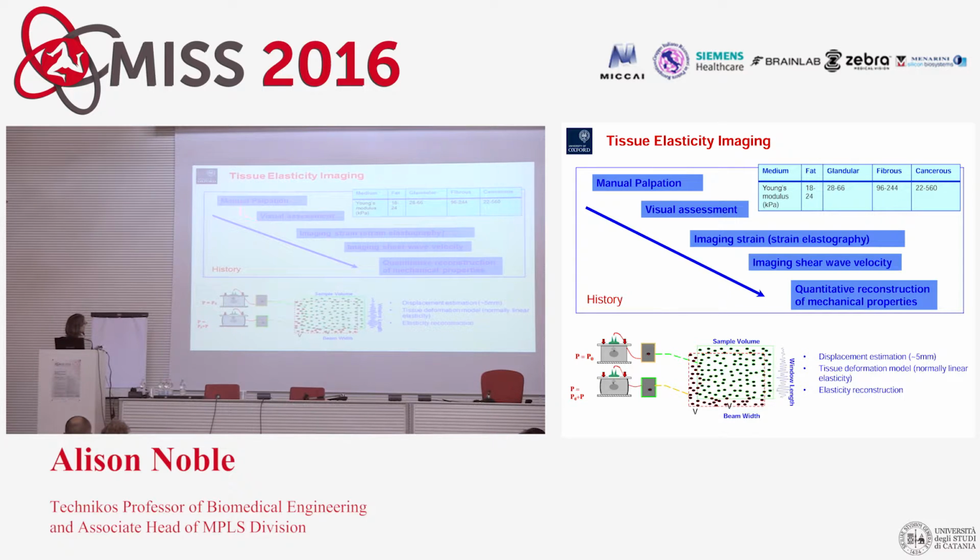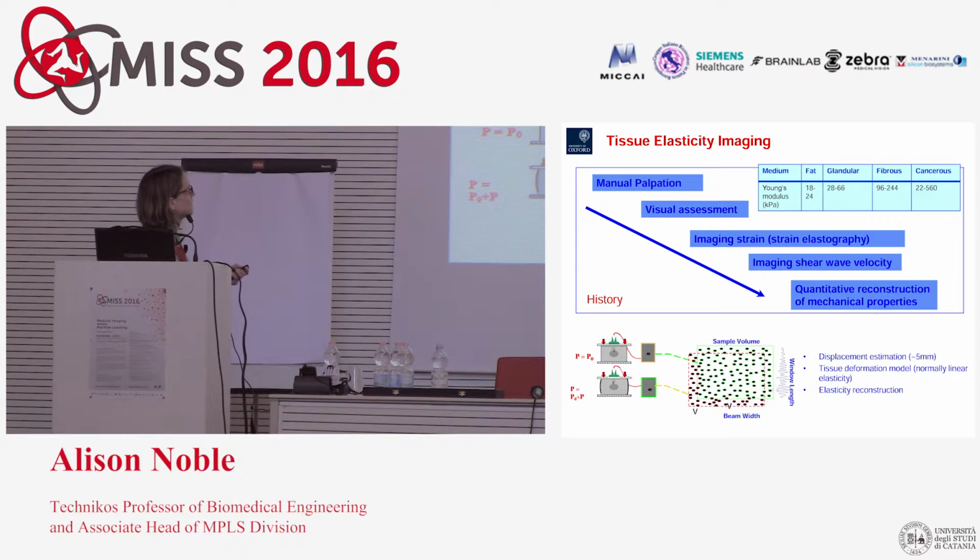So there's a history to this. It's sometimes called tissue elasticity imaging. It fundamentally comes from the idea that if you compare structures in the breast around a mass, you've got fat, you might have glandular tissue, you might have fibrous tissue or cancerous tissue.